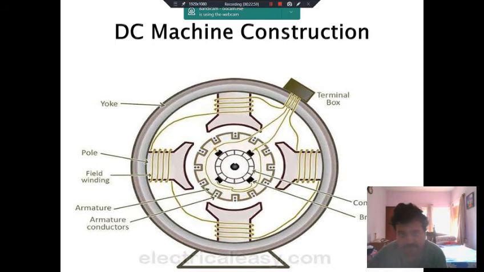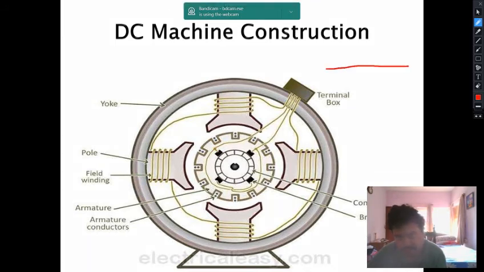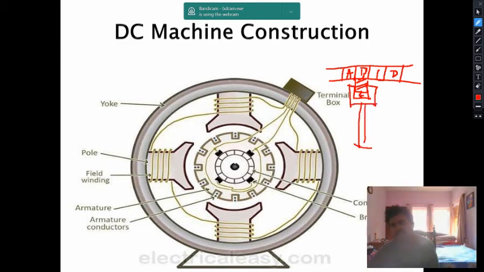So again, let us come back to our own point. So this is the commutator segments, and the brush and the brush holder is there.